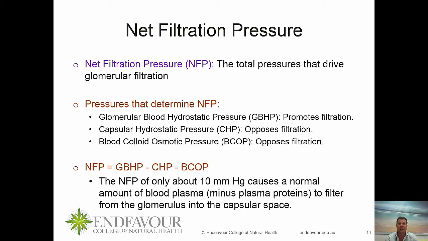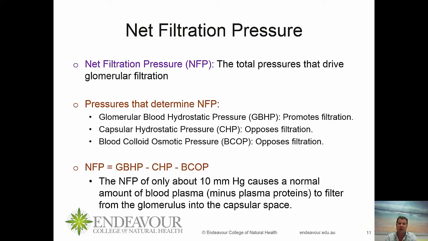It doesn't let big proteins like your albumins and immunoglobulins through, and doesn't let red blood cells or white blood cells or platelets through. These are big proteins and big things that exert what they call a colloid osmotic pressure. And they have the effect of wanting to draw fluid back into the glomerular capillary.